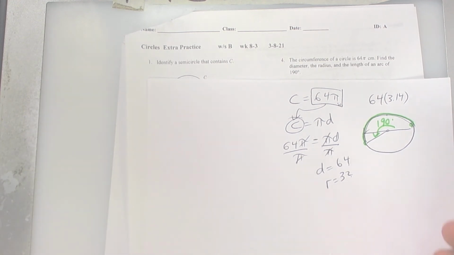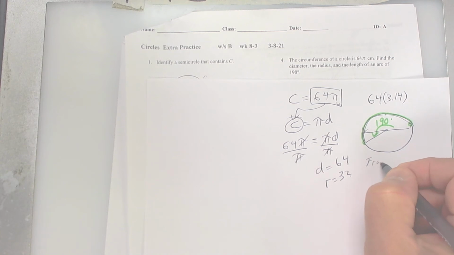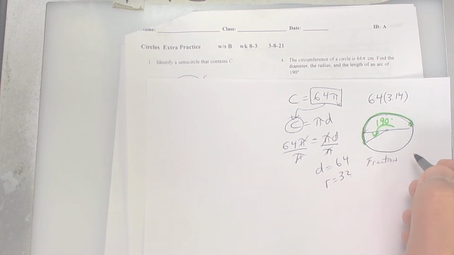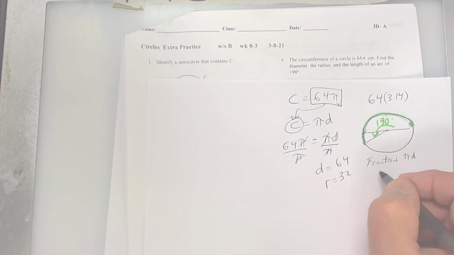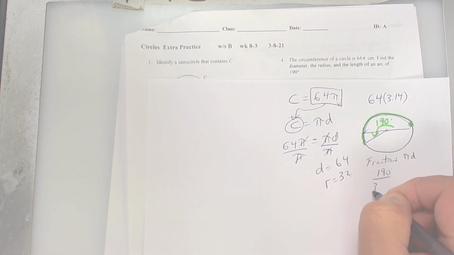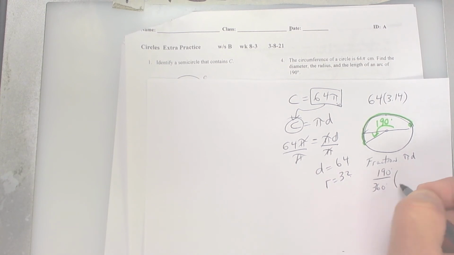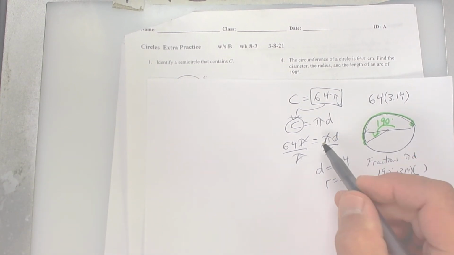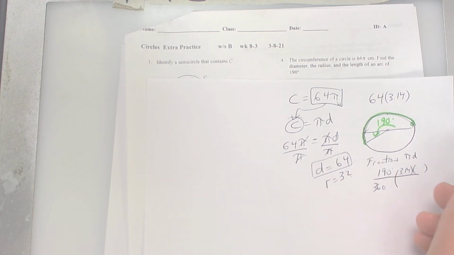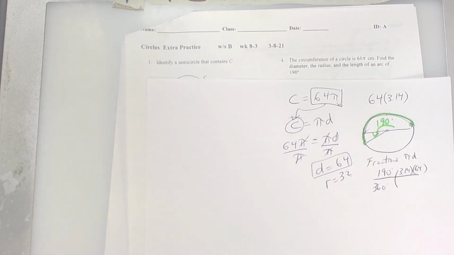So we're going to say a fraction times circumference, which is pi times diameter. So the fraction is going to be 190 over 360 times pi times the diameter. The diameter we have is 64. And again, this is an EOC question.